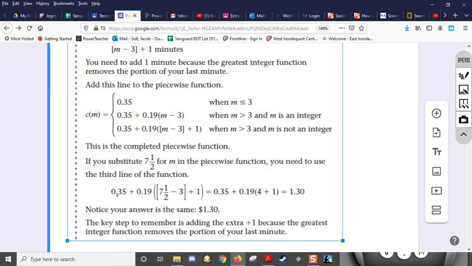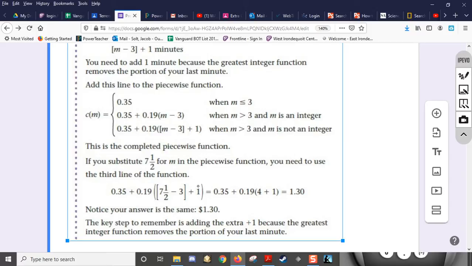So here's my 35 cents. Here's my 19 cents for every additional minute. I have to do 7.5 minus 3. That's my m minus 3 I had up here. 7.5 minus 3 is what? 4.5, right? And it's going to be plus 1 because it's going to be rounding up. And so 35 cents, if you put this in your calculator, let's just prove it. Sometimes seeing is believing.